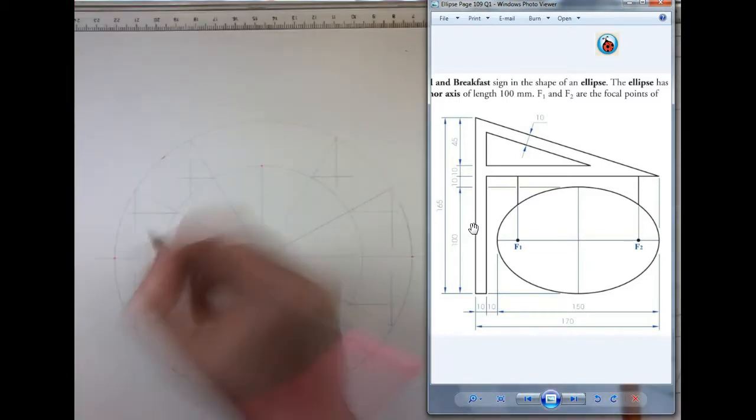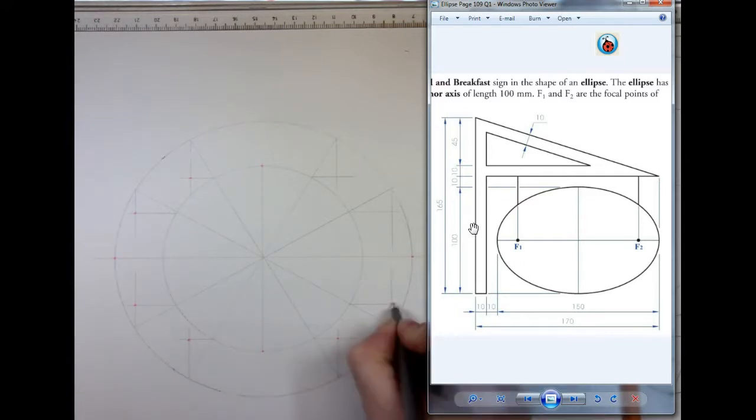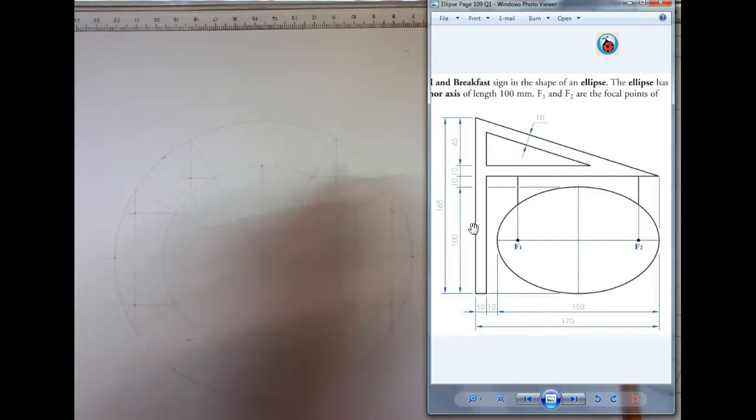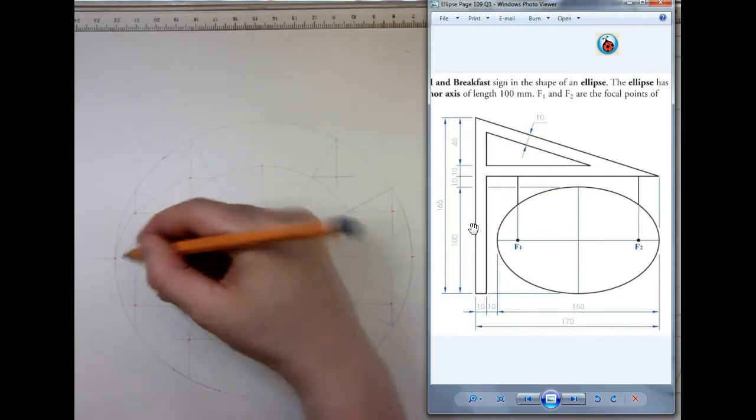And that gives me an extra 8 dots for my ellipse. I would not advise people to get less than 8 extra points because it will be very difficult to draw an accurate curve.